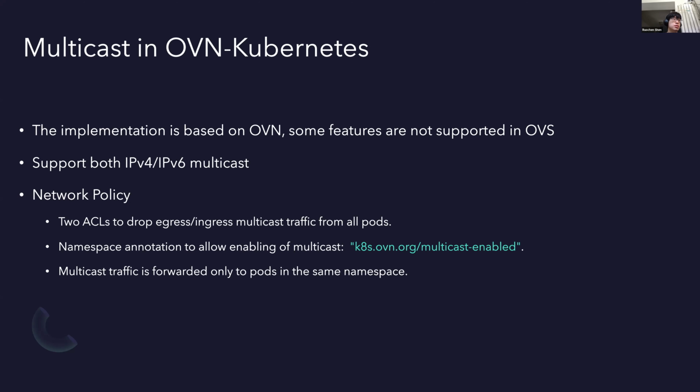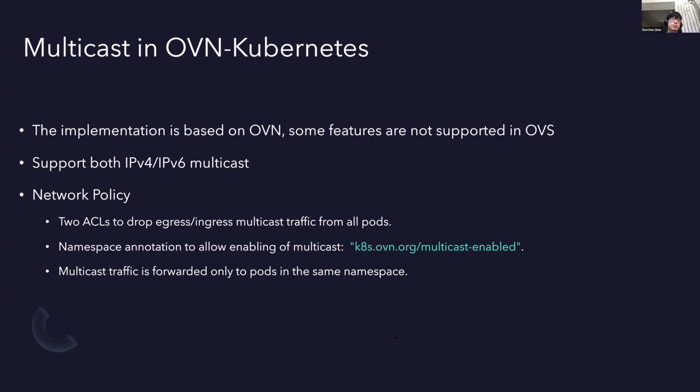It adds a default deny network policy to all IP multicast traffic from all pods, and like OpenShift SDN, OVN Kubernetes uses a namespace annotation to enable multicast. So basically, IP multicast traffic is forwarded only to the pods in the same namespace.